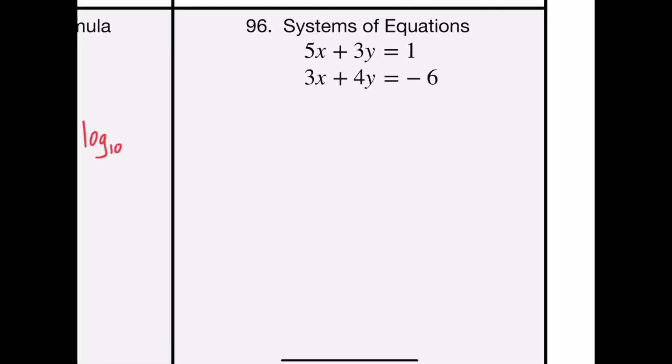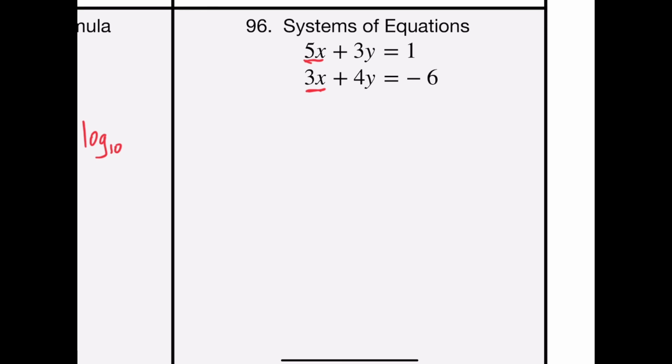Problem number 96 is systems of equations. It says 5x plus 3y equals 1 and 3x plus 4y equals negative 6. And we want to solve the system. So to solve the system, in this case, I'm going to use elimination. And I'm going to choose to eliminate the x terms by multiplying the top equation and the bottom equation by specific values.